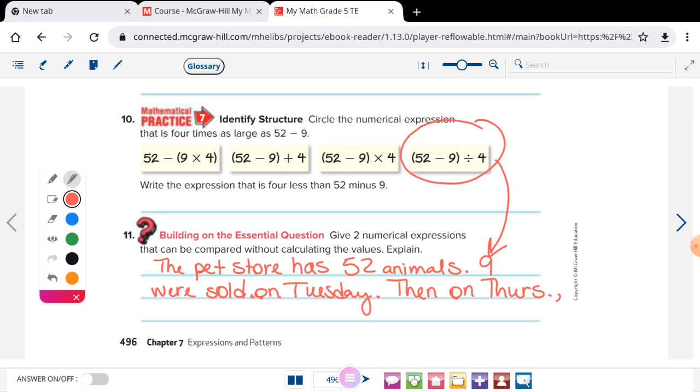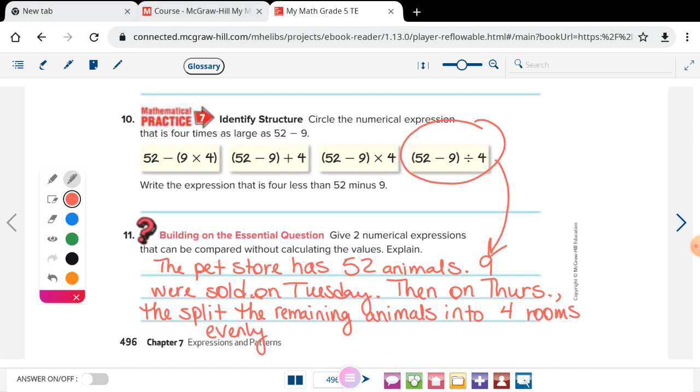Okay, so then on Thursday, they split the remaining animals into 4 rooms evenly. Why do I have to put evenly?